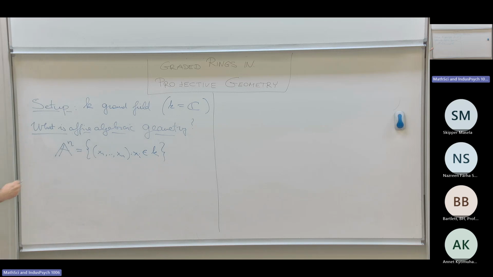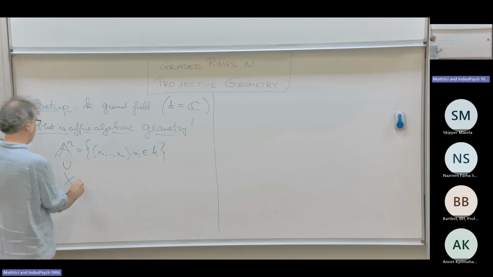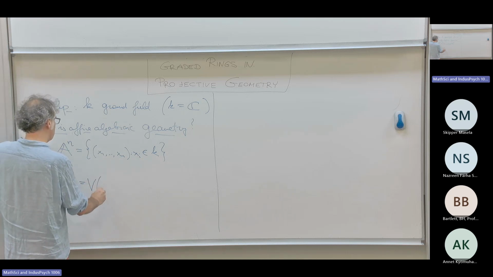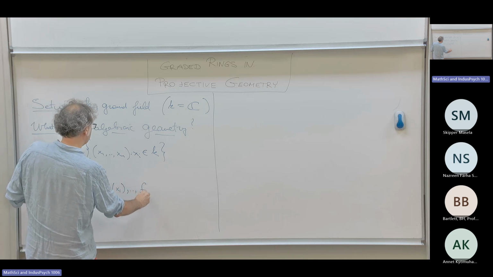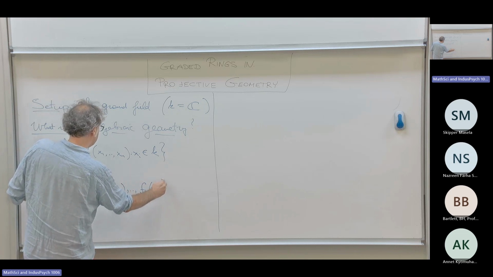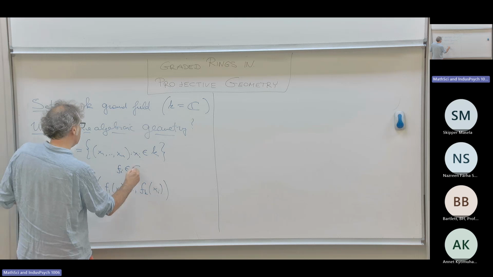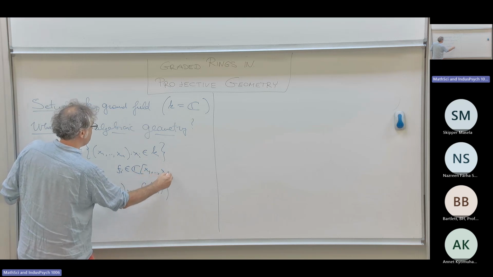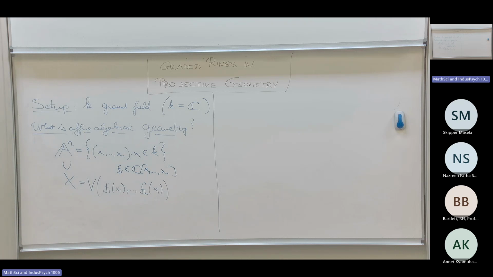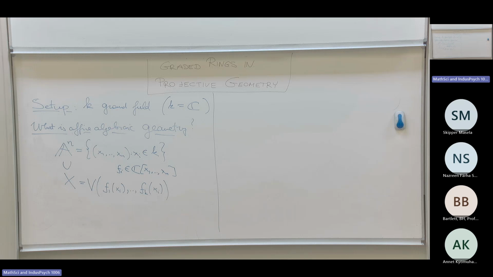And then we are going to consider subsets of this that are defined as the vanishing locus of a bunch of polynomials, f1 up to fk, some number of polynomials in the variables that we have chosen. And so we can say that some point is in X if all these polynomials vanish.